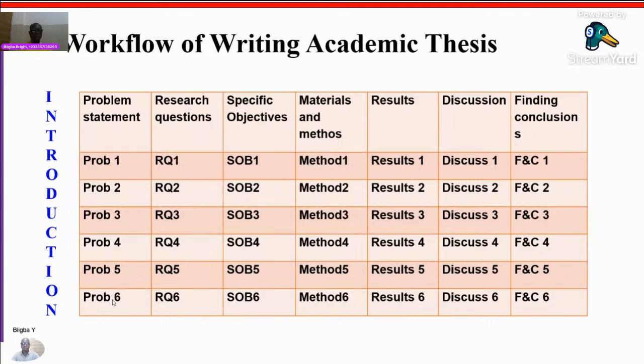So when I go to my objective two, let's say that I want to classify, or I want to cluster all the strains under Mycobacterium tuberculosis. So it means that I have identified a problem of lack of classification.